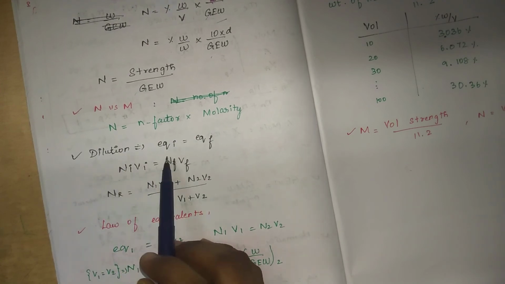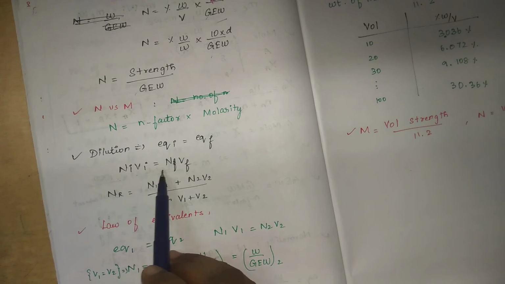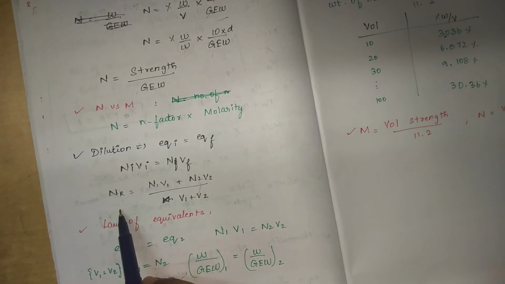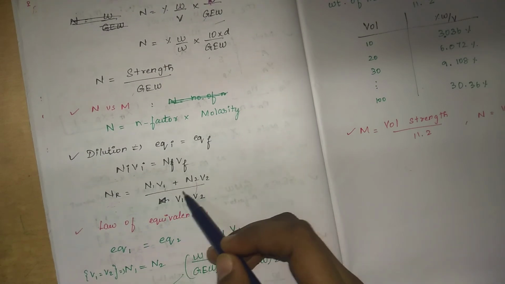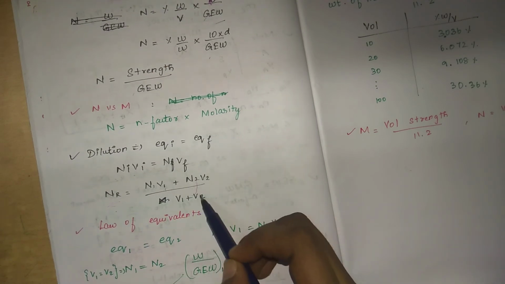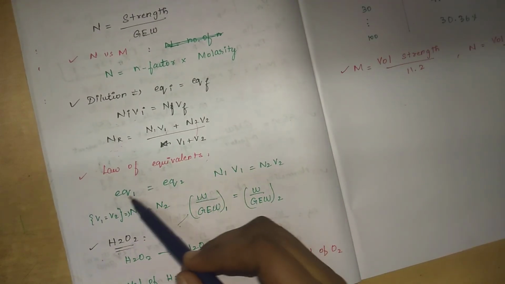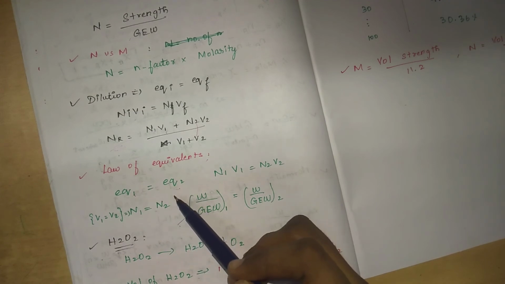Dilution. Upon dilution, what will happen? The equivalents will remain the same. So NiVi equals NfVf. If they are asking for resultant normality when they mix two solutions, it will become N1V1 plus N2V2 divided by V1 plus V2. What is the law of equivalence? Equivalents of one reactant equal equivalents of another reactant.